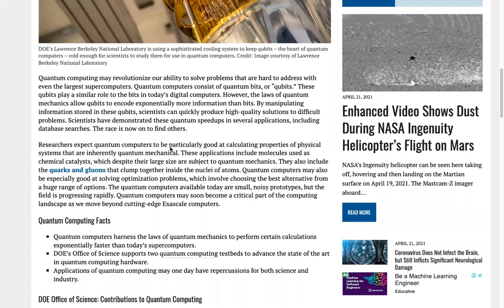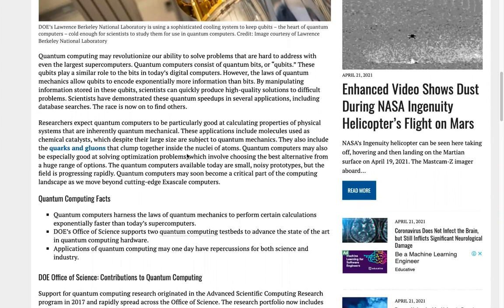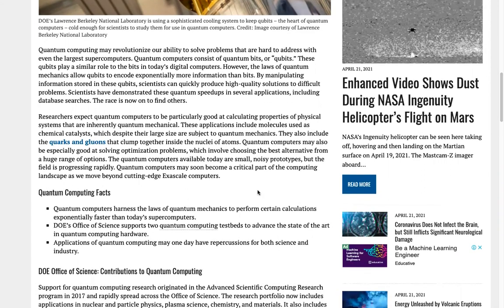Researchers expect quantum computing to be particularly good at calculating properties of physical systems that are inherently quantum mechanical. So these quantum mechanical physical systems follow the quantum guidelines, so it will be particularly good at calculating them. These applications include molecules used as chemical catalysts, which, despite their large size, are subject to quantum mechanics.